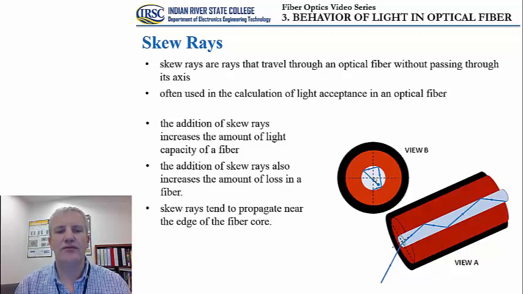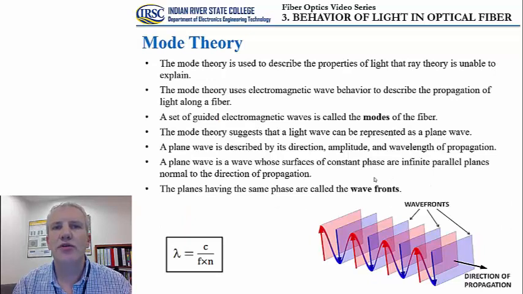As we already mentioned, the mode theory, along with the ray theory, is used to describe the propagation of light along an optical fiber. The mode theory is used to describe the properties of light that the ray theory is unable to explain, such as absorption, dispersion, etc. What does the mode theory use to explain these specific properties of light propagation?